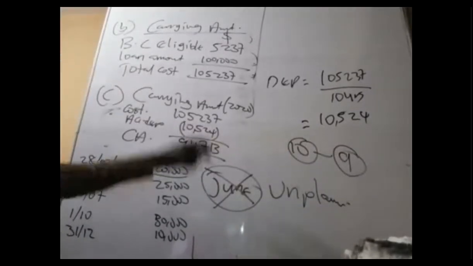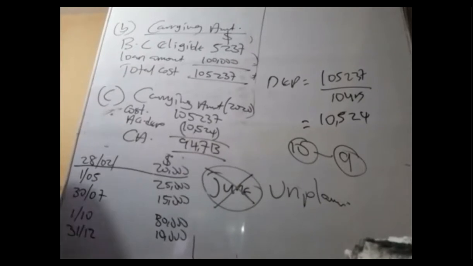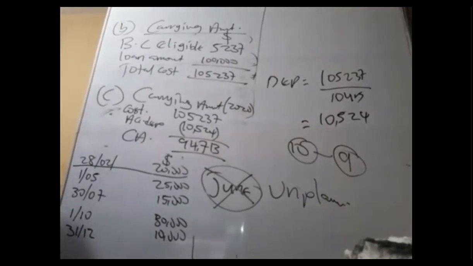Because June is not counted, so 9 months interest. That is the implication. Okay, so take note of that. All other calculations remain the same.